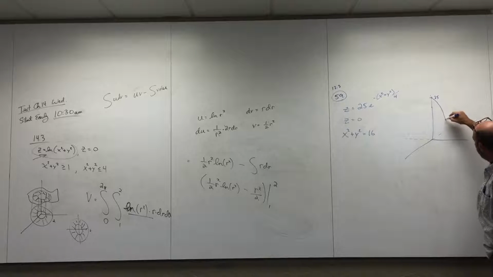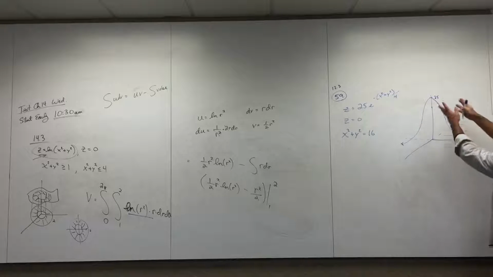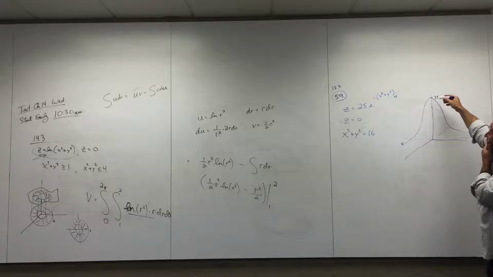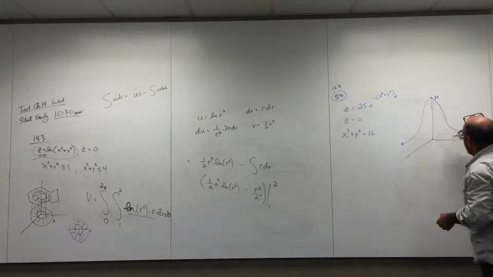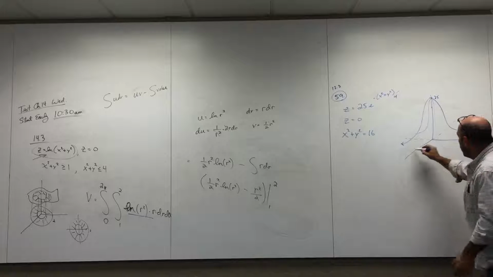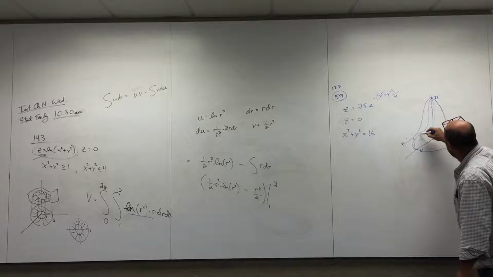But then it comes down and tapers off toward the XY plane in all directions. So it's a little mountain. It's a beautiful little mountain. At 0, 0, it's at its peak of 25, and then it tapers off in all directions like a mountain. And then we're bounded out here by a radius 4 cylinder. So we're going up and hitting this mountain.